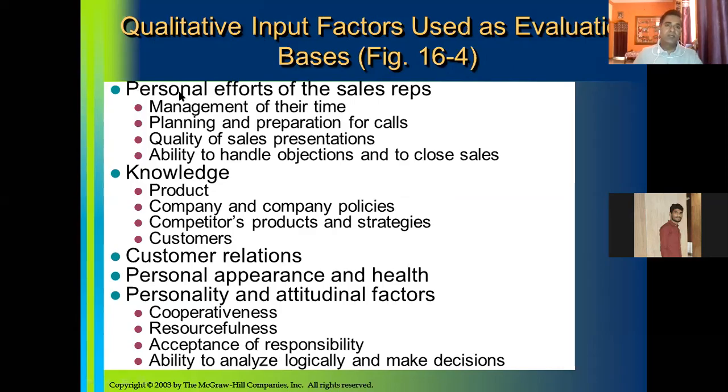The first among them was personal efforts: how a sales rep manages his or her time, to what extent a sales rep plans and prepares for sales calls, the quality of the sales presentations, and the ability to handle objections and close the sales. Since they cannot be quantified, the manager can use a 5-point Likert scale, such as a satisfaction to dissatisfaction scale or an agreement to disagreement scale, to measure the personal efforts of the sales reps.